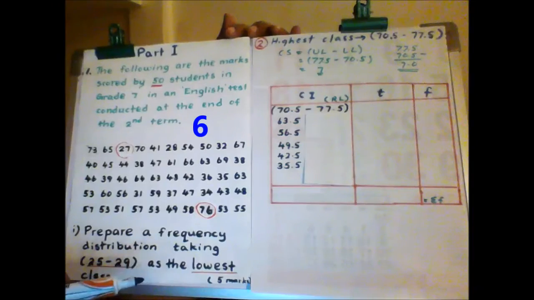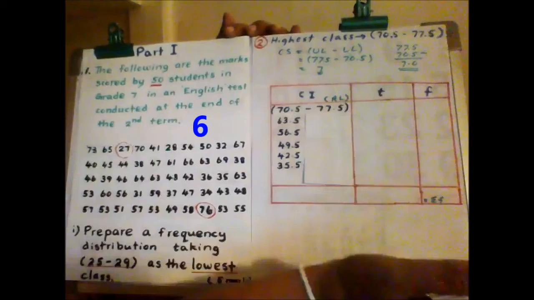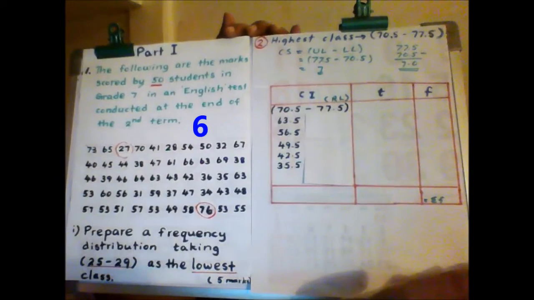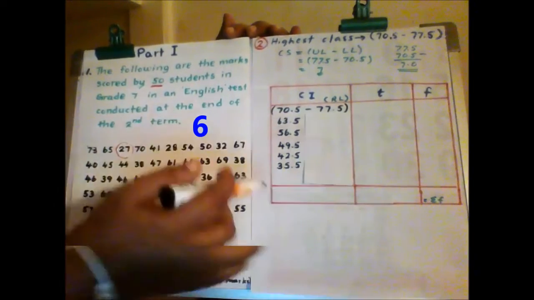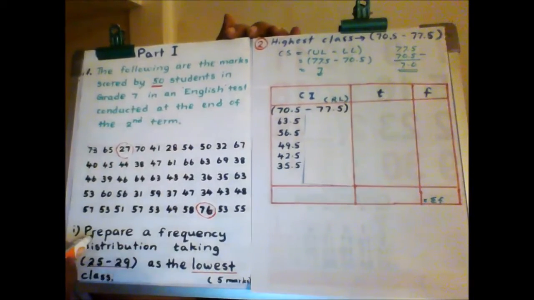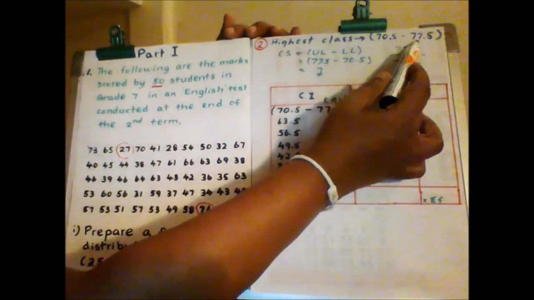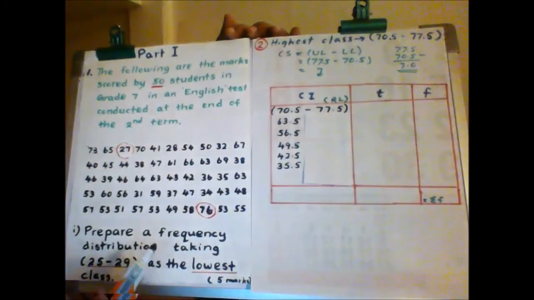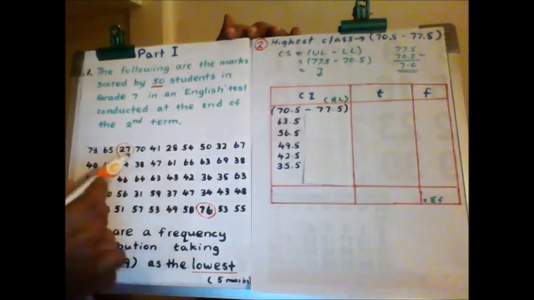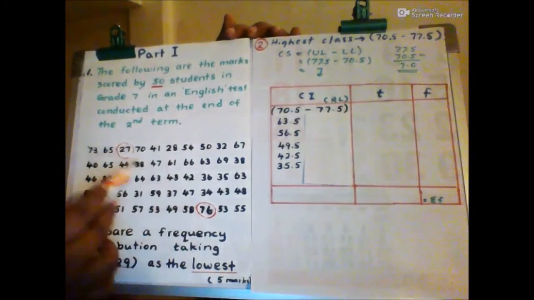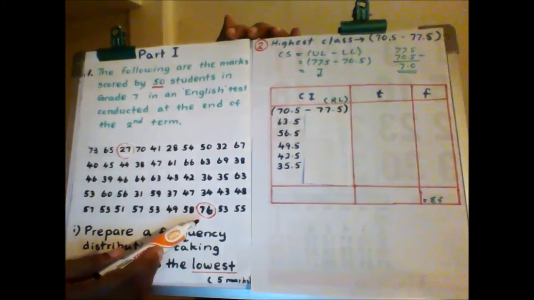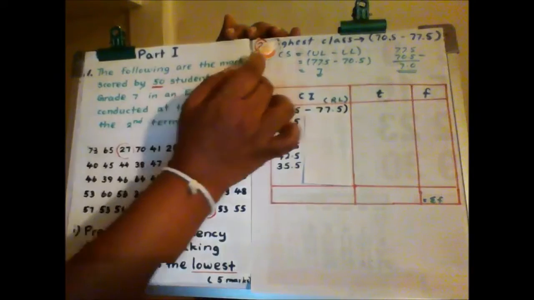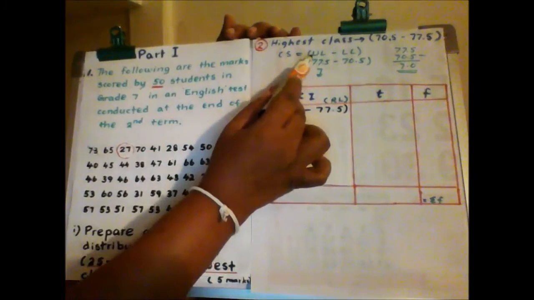Second example. I am explaining the examples in the note. Okay, suppose you prepare a frequency distribution taking 70.5 to 77.5 as the highest class, right? So what you have to do, as earlier, you have to find the lowest and the highest, circle them, and then find the class size using the correct formula.